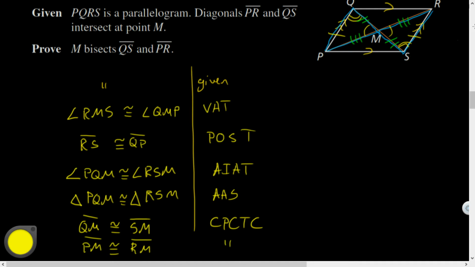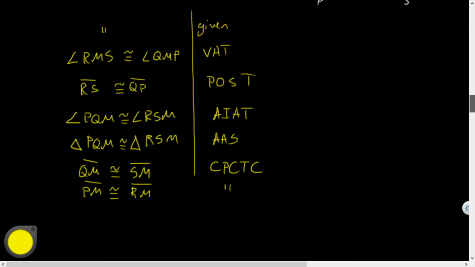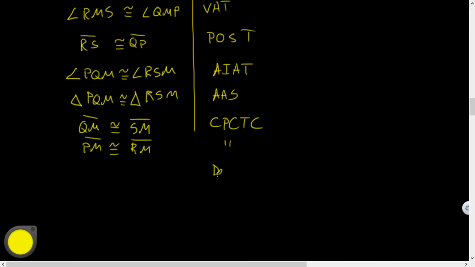And then I think I could say the diagonals bisect each other. PR bisects QS, and QS bisects PR by definition of segment bisector.